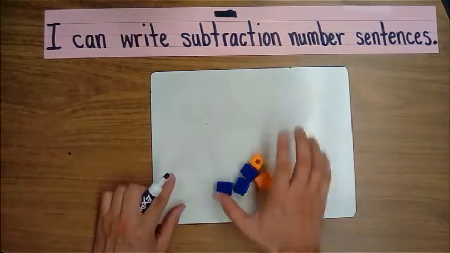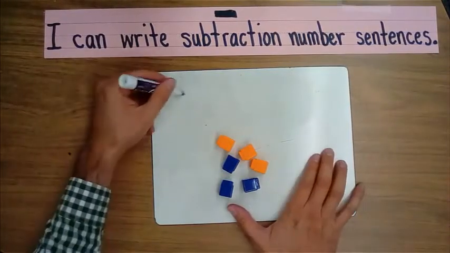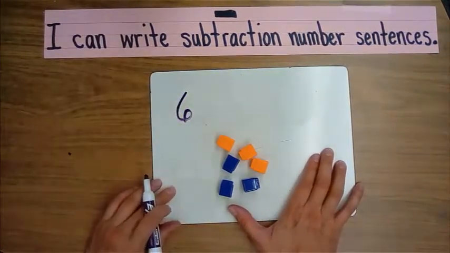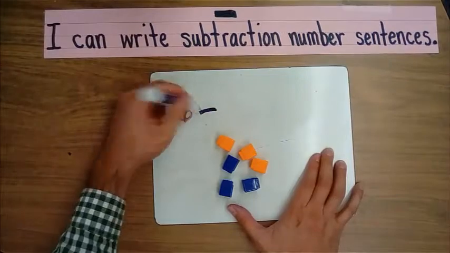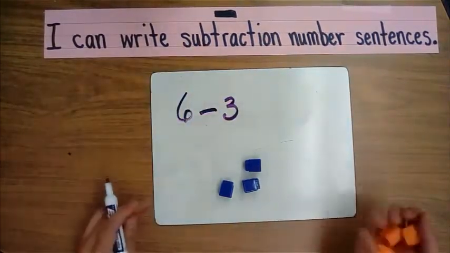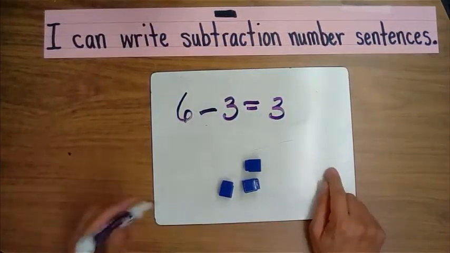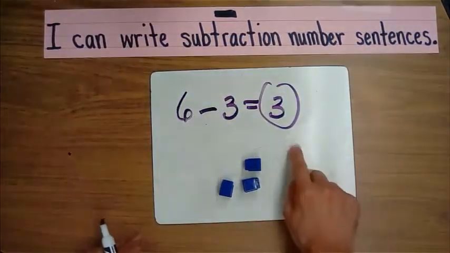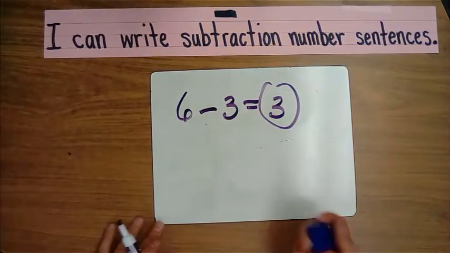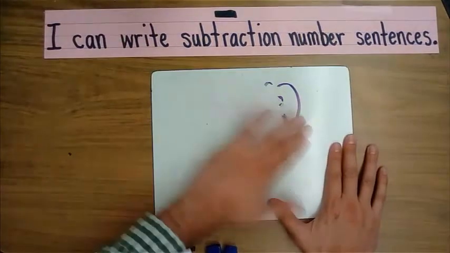Well, I could say, I started off with 6, and then I subtracted or minused 3, so I'm going to make the minus symbol, 3, and it equals 3. So that means that the difference is 3. Great. So do you get it? Fantastic.